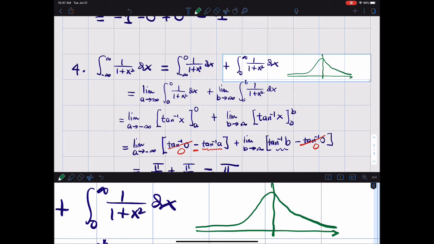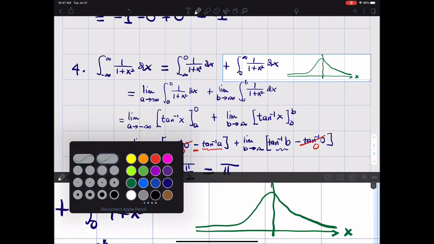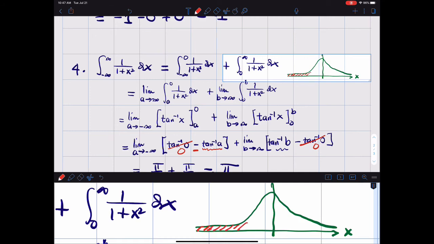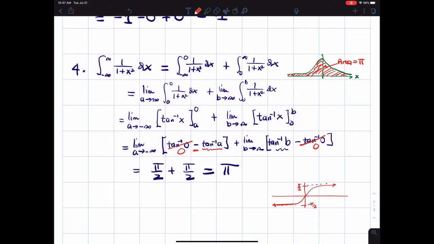All right? So x-axis. So what we just found out is that the area from negative infinity to infinity of this function is actually pi, the area under the curve.